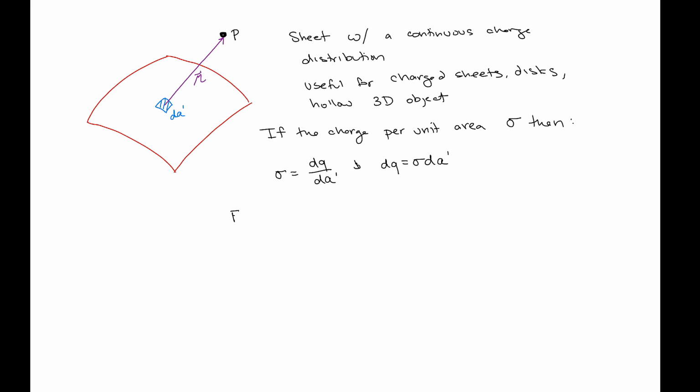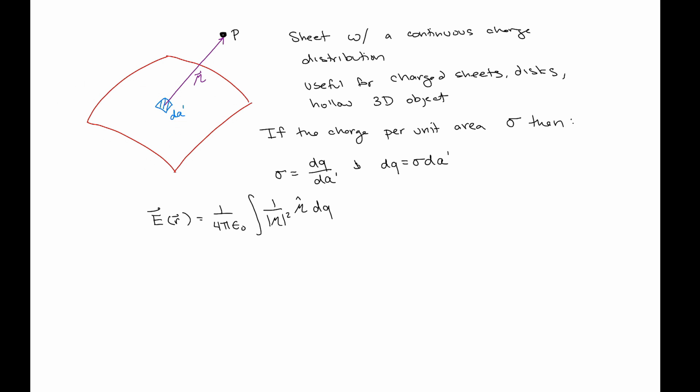I can use that now to write out what my equation for the electric field would be. We'll start with the general case that we had. That was 1 over 4 pi epsilon naught, and then the integral of 1 over our separation vector squared, times the unit vector, script r hat, and then this was dq.